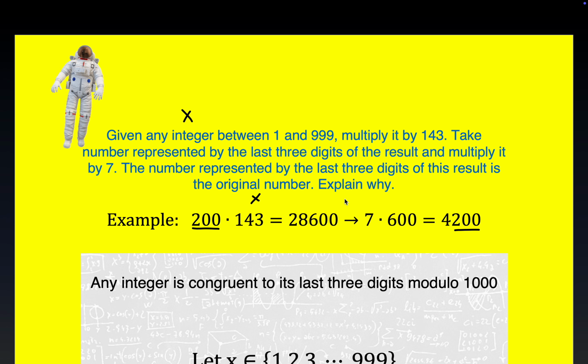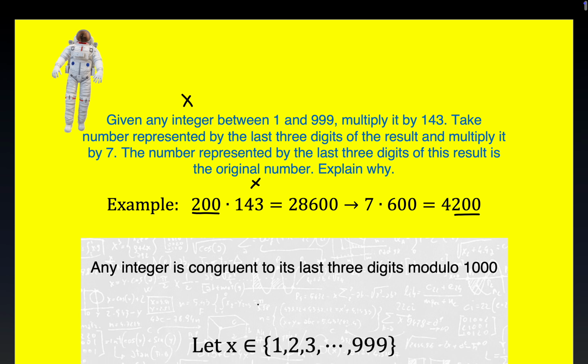So this is a concrete example of what all the blue text states. It says explain why, and I'm going to do it in terms of modular arithmetic. There's a fact here that's very important for the way I'm going to prove it: any integer is congruent to its last three digits modulo 1,000. In a concrete example, let's say we have 4,562.